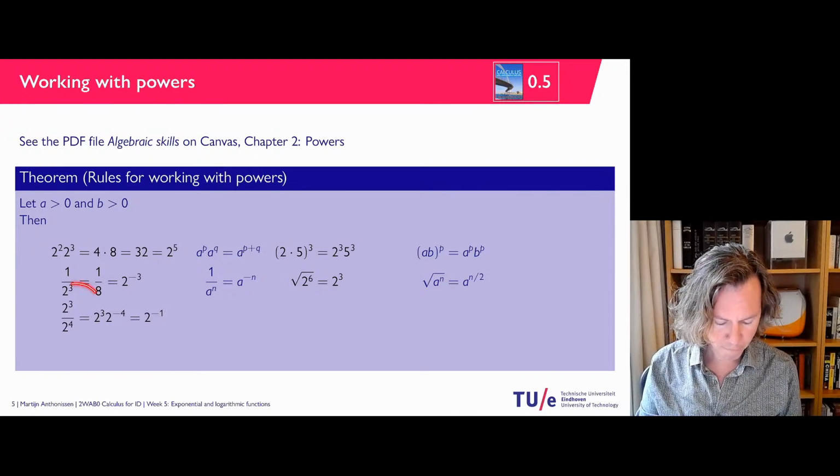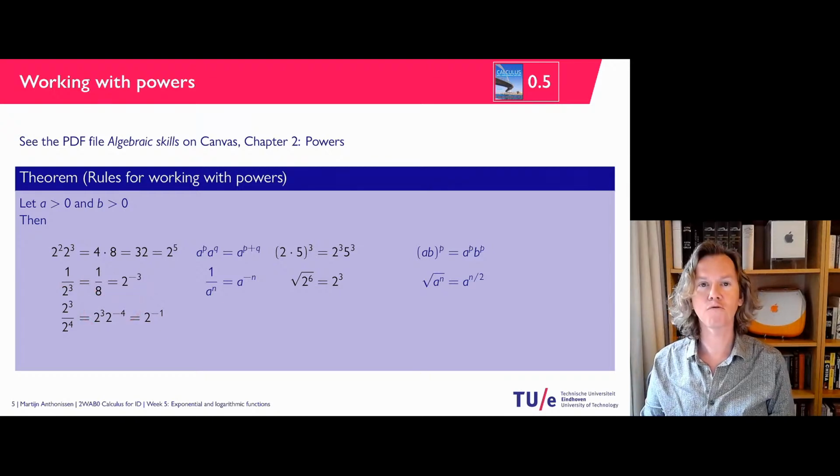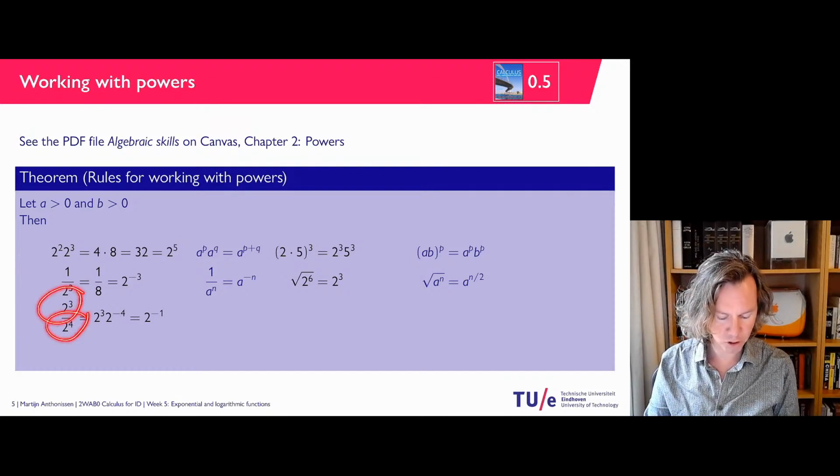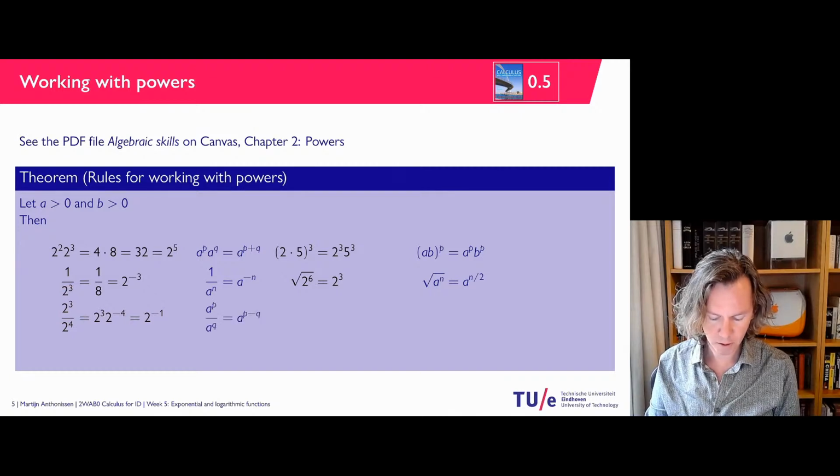Next, 2 to the power 3 over 2 to the power 4. That's 2 to the power 3 times 2 to the power minus 4, which is 2 to the power minus 1. Or if you like, 8 over 16 is 1/2. And in the formula, if you have a to the power p over a to the power q, that's a to the power p minus q.